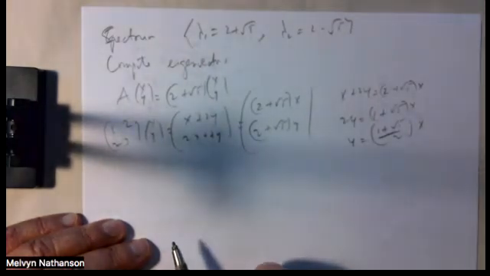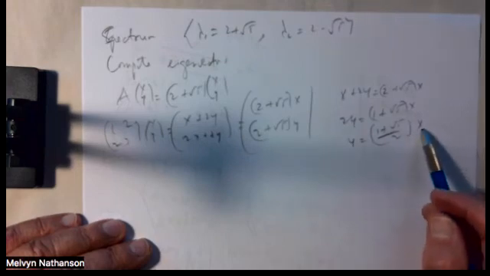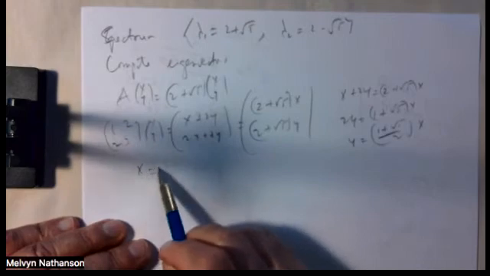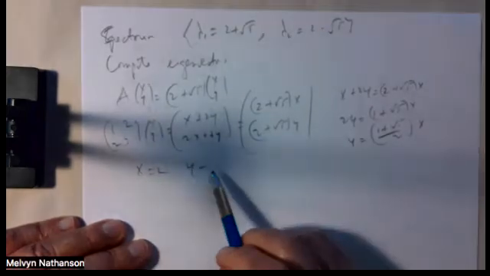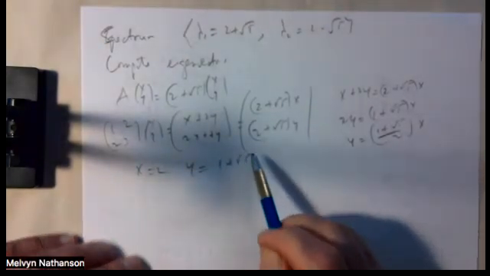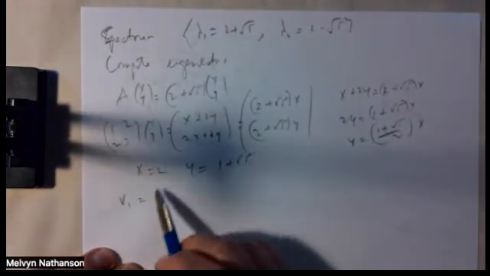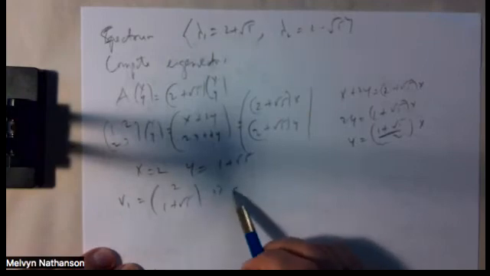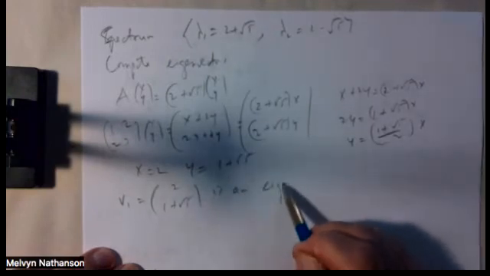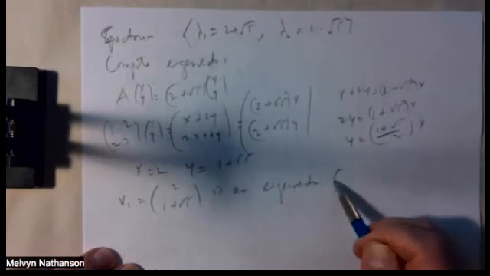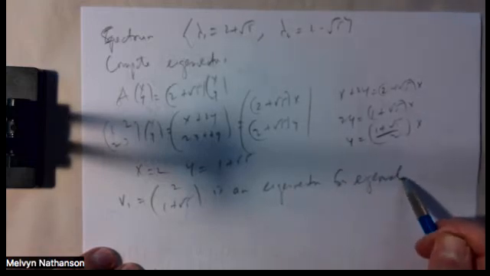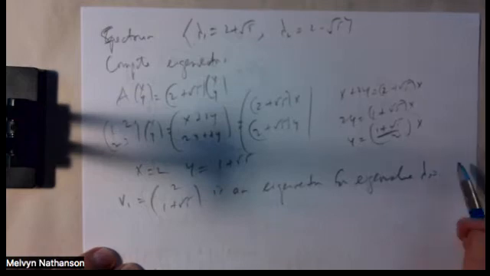So, for example, just to get rid of the denominators, if you let x equal 2 and y equal 1 plus root 5, so v1, the vector 2, 1 plus root 5, is an eigenvector for the eigenvalue lambda 1 equal to 2 plus root 5.